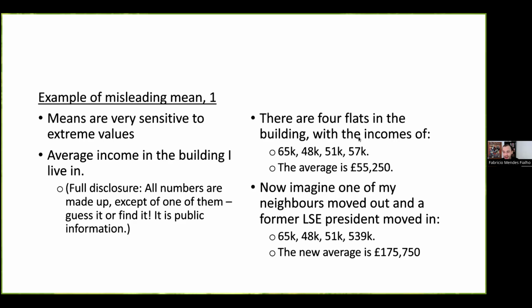I'm not telling where I would be here, but let's say that combined the incomes in the 4 flats in my building are these. One apartment makes 65k, the second apartment makes 48k, apologies. The third apartment makes 51k, and the last one makes 57k.